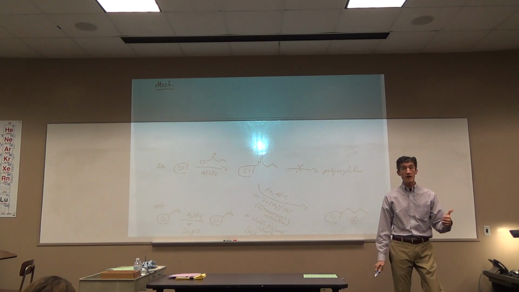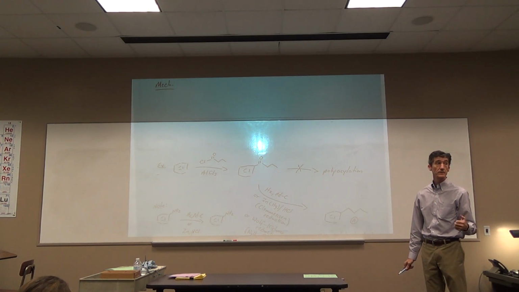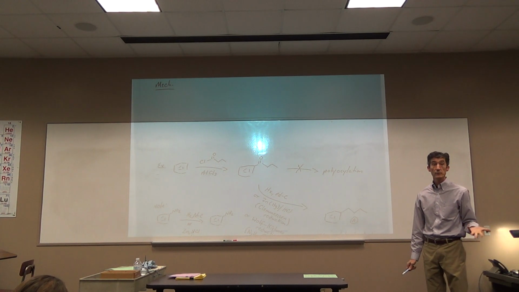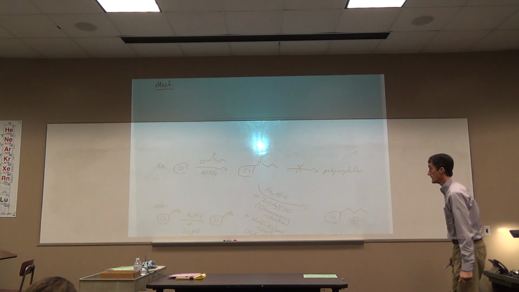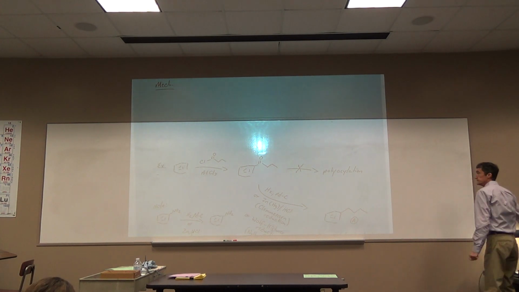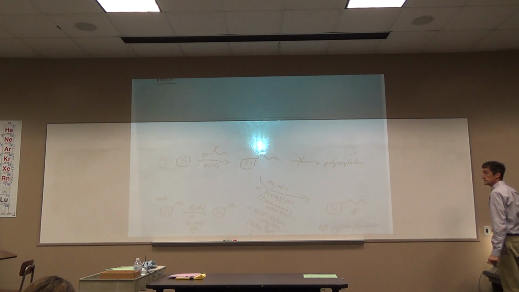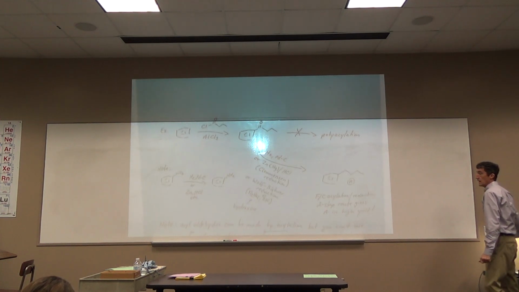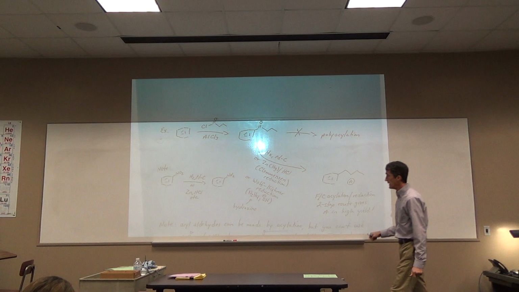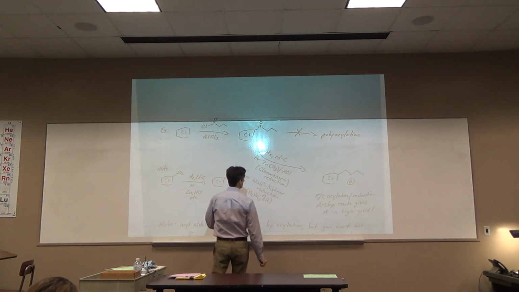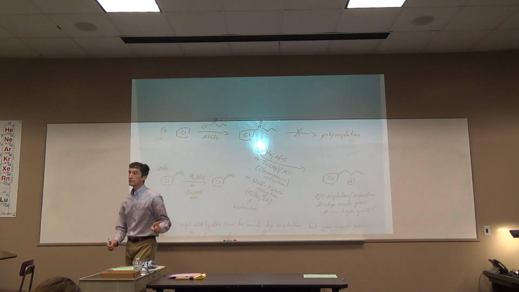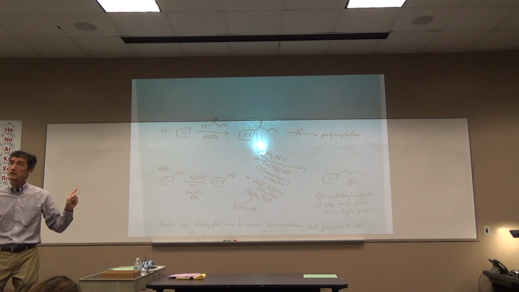You also don't have the problem of carbocation rearrangements because the acylium ion will not rearrange. It's resonance stabilized. And we may show that. Now, remember compound A on the previous page or two?